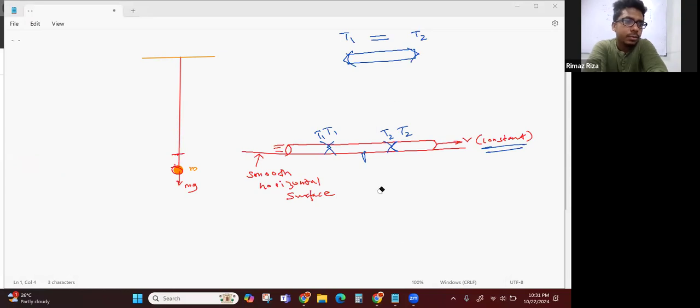So write down: Explain in terms of Newton's first law why tension everywhere on the string should be same.